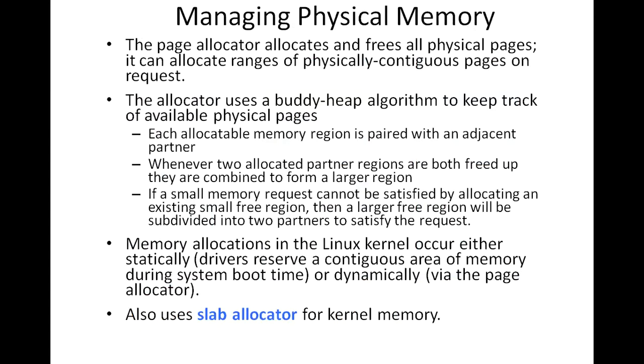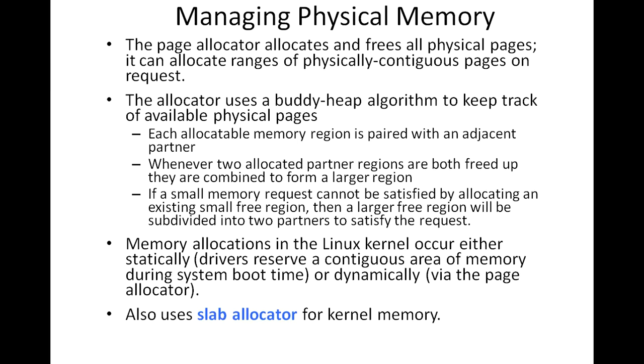Now let us see how to manage the physical memory. There is a physical page memory allocator. Here the page allocator allocates and frees all physical pages. It can allocate ranges of physically contiguous pages on request. The page allocator uses a buddy heap algorithm to keep track of available physical pages.